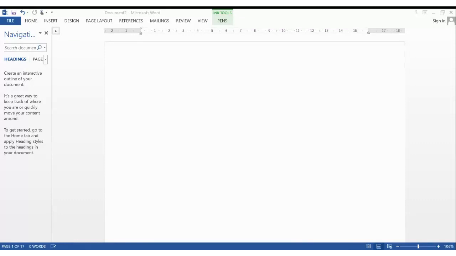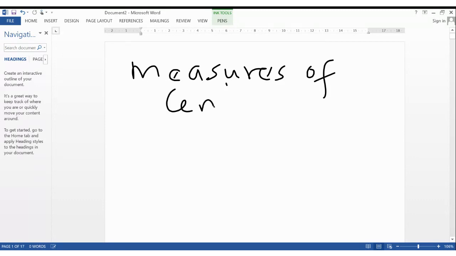Okay, let me start. I can start with the measures of central tendency. The first one, you have said there are three.